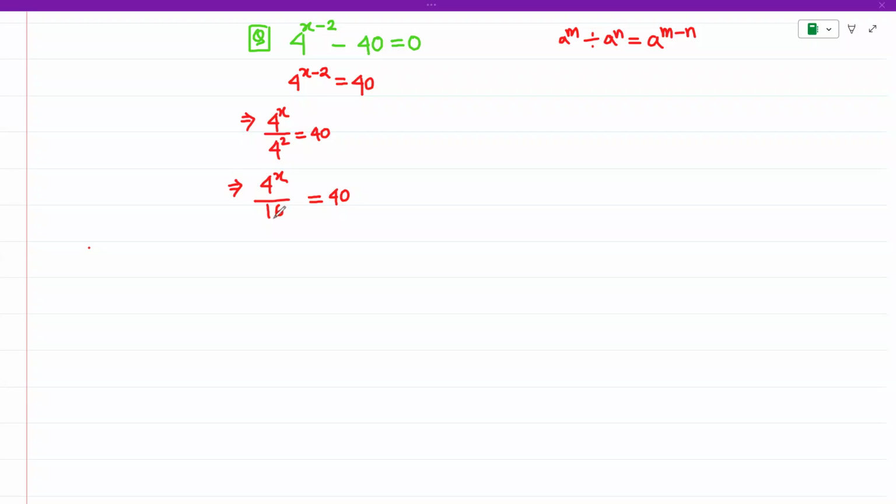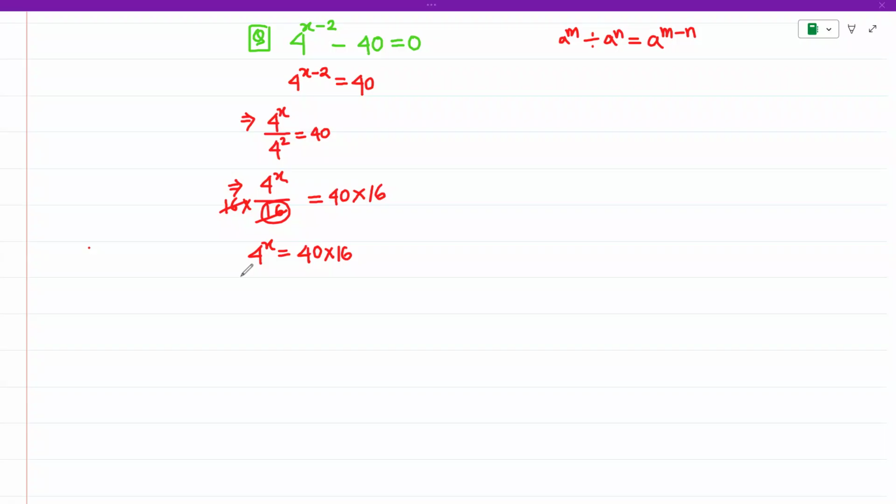Now since the denominator is 16, we can multiply 16 on both sides. That means 16 cancel. So we got 4 power of x equal 40 times 16.